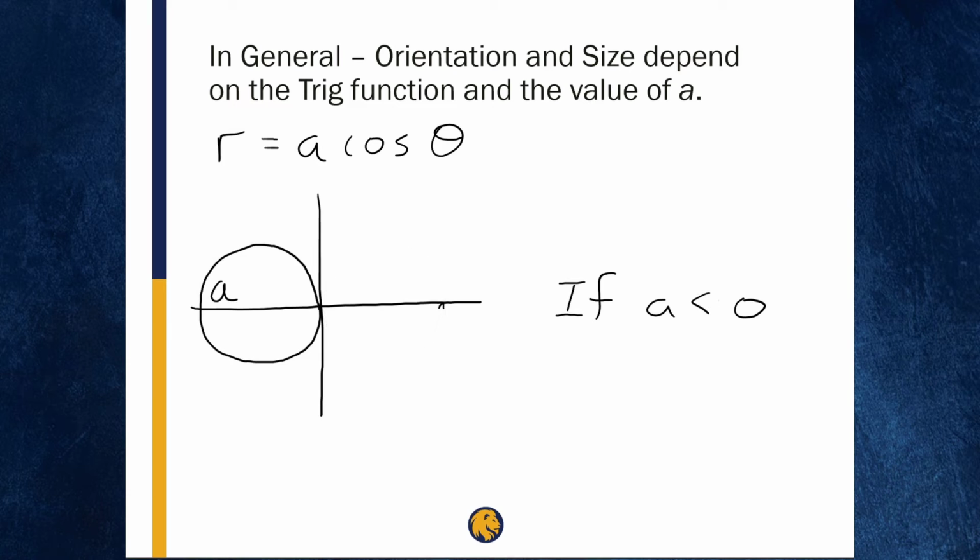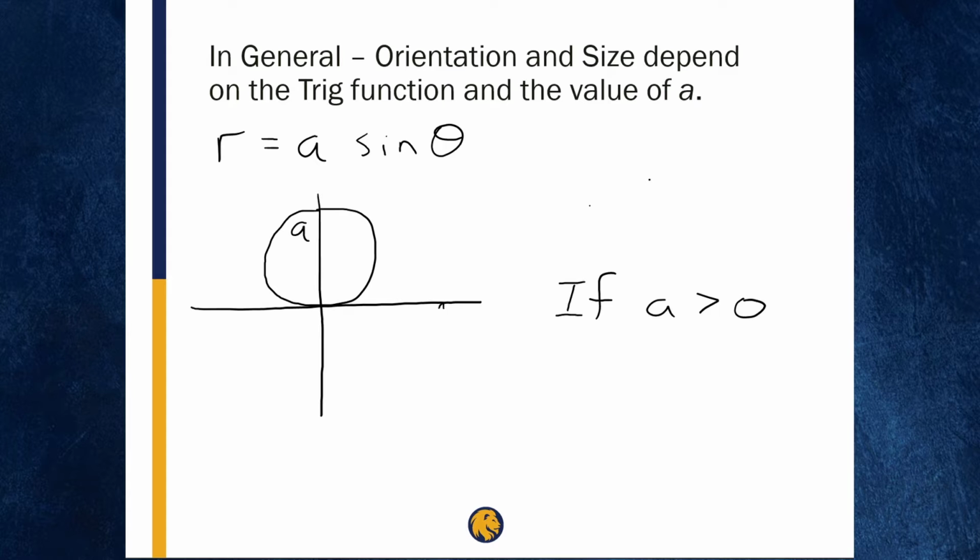If the value of a is less than 0, then instead of being on the right side, it'll be located over on the left side of what we normally consider the y-axis in rectangular coordinates. Still, the distance away from the origin, ultimately the diameter of the circle, will be determined by the value of a. The orientation will change if the equation has sine theta instead of cosine theta.